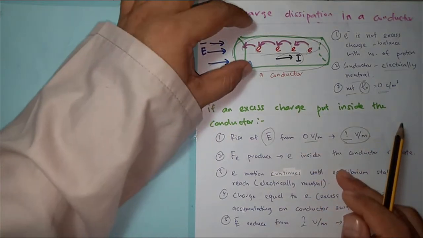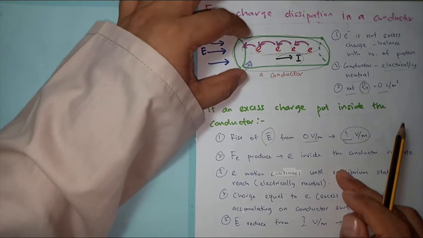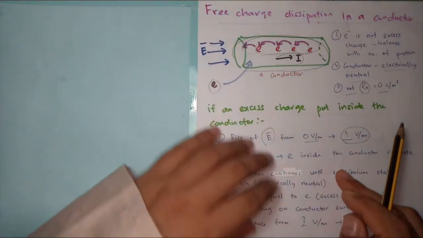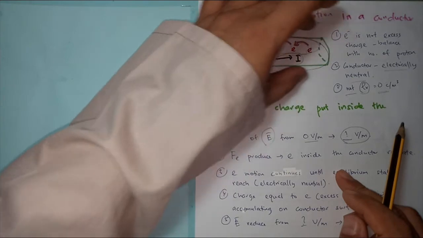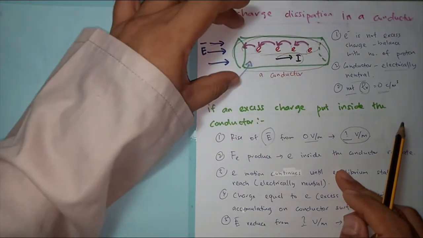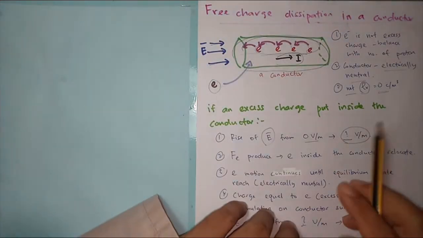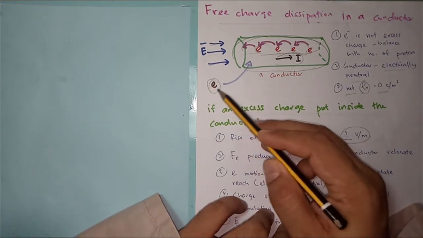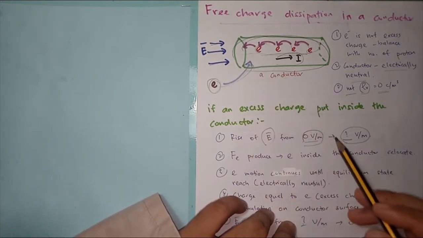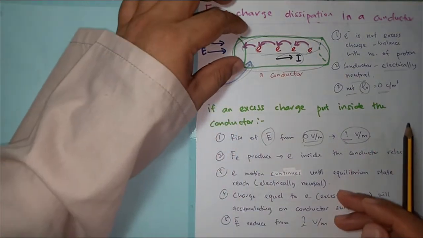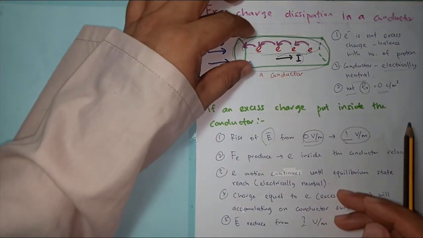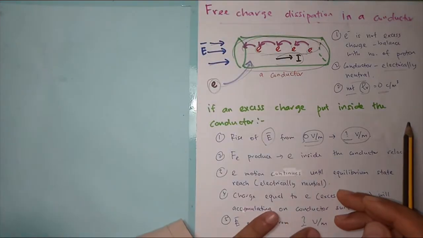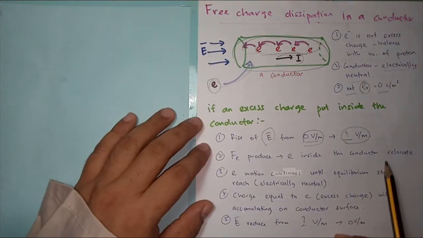Because this is a perfect conductor, the initial value of the electric field intensity inside it is equal to 0. And due to the excessive electron being put inside this conductor, the electric field intensity inside will rise to a certain value.